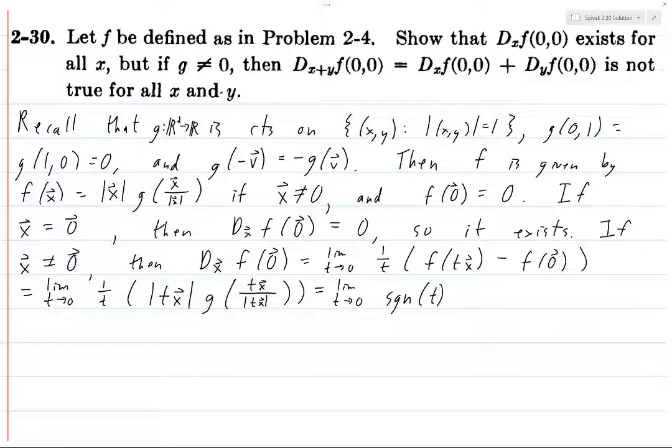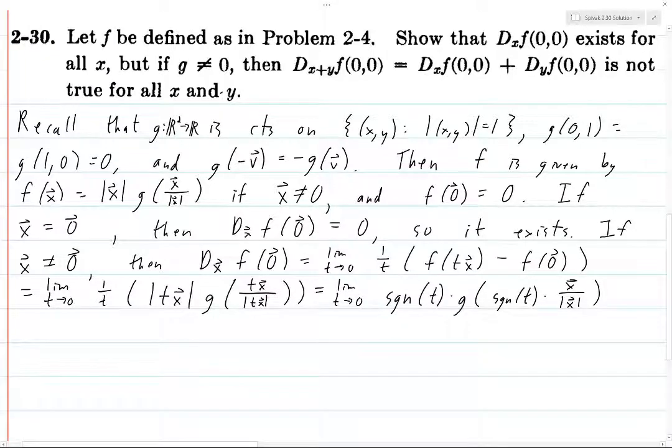Then we multiply times g of, and we've also got t over the norm of t, so that's going to be the sign of t again, multiplying x over the norm of x. But look at this.